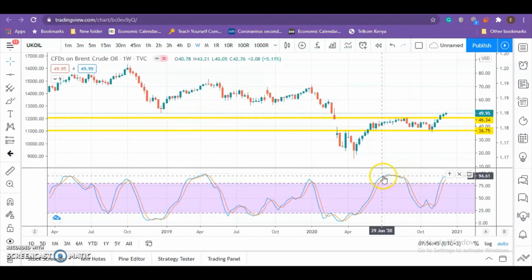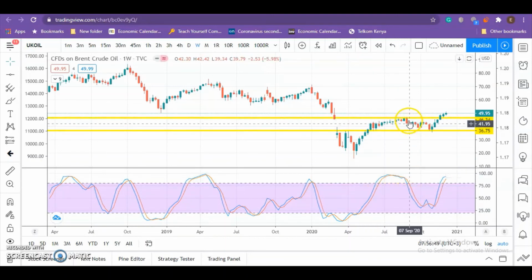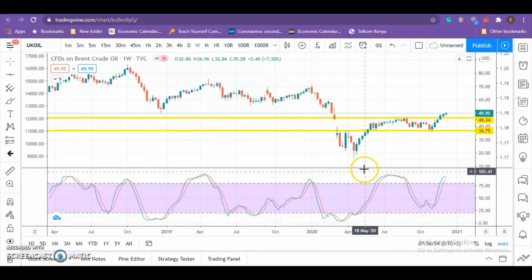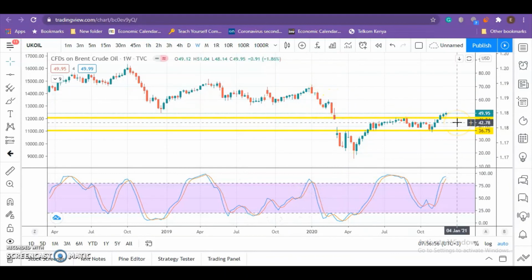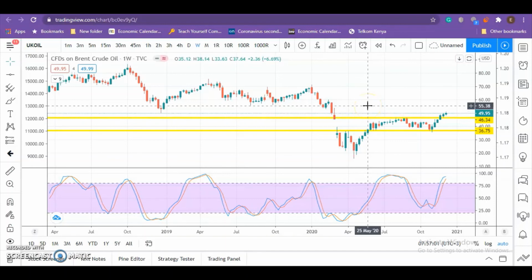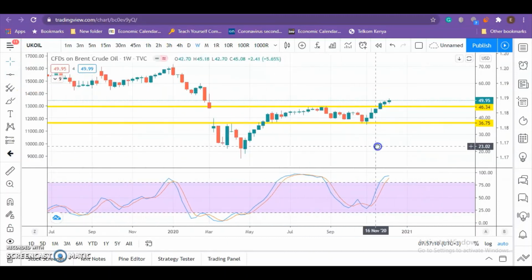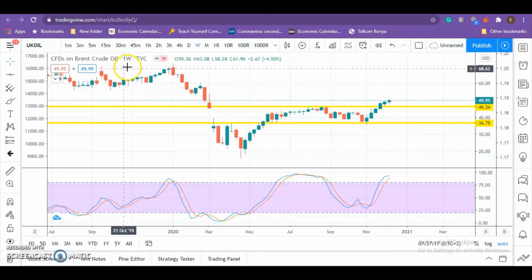You can see from this it was overbought, and when it came crashing down, it didn't give more pips as compared to this. When it was overbought here, it gave more pips. So it works a lot with supply and demand. So you have to be up to date with the financial news about oil, about OPEC, the Organization of Petroleum Exporting Countries, plus Russia.